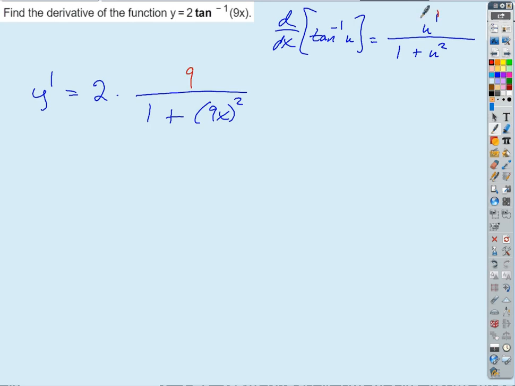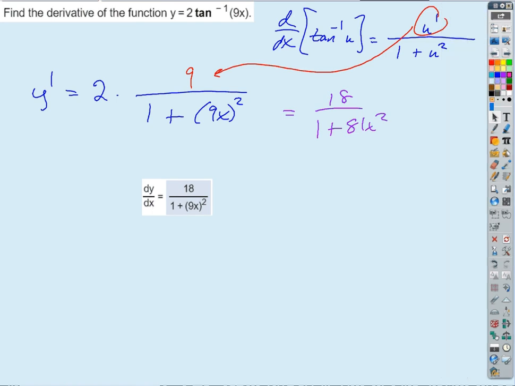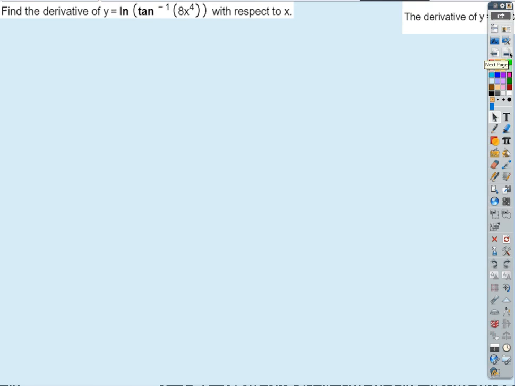So there's my u prime, right? So I just get 18 over 1 plus 81x squared. Okay? They didn't even expand out the 9x squared. Okay? All right? Another one.